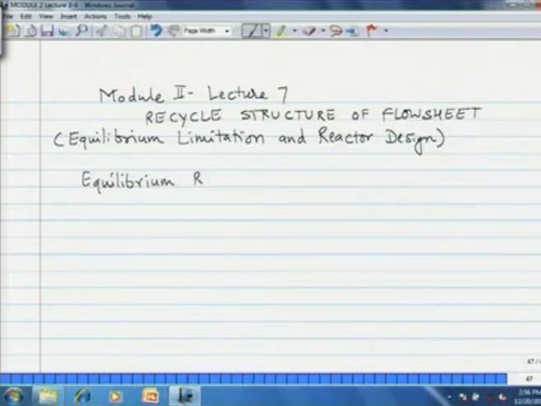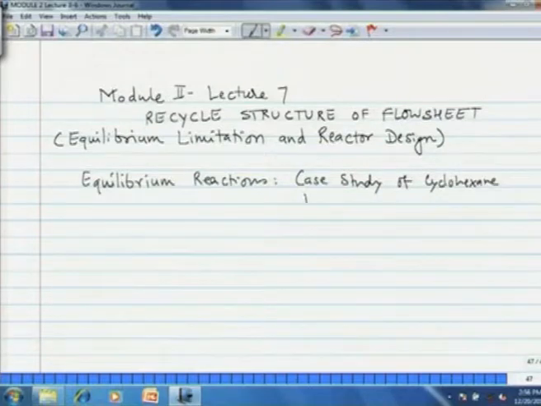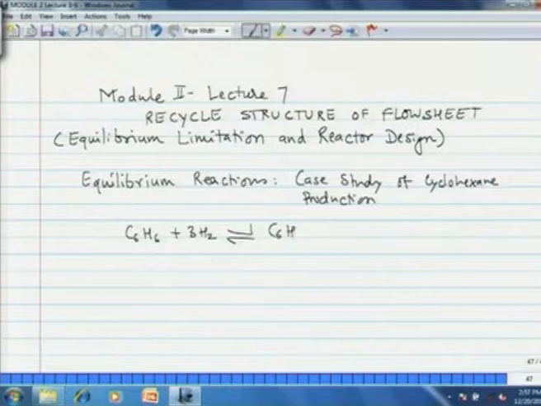Equilibrium reactions, case study of cyclohexane production. Cyclohexane is produced by hydrogenation of benzene. So, the basic reaction is benzene plus 3 moles of hydrogen giving C6H12, that is cyclohexane.